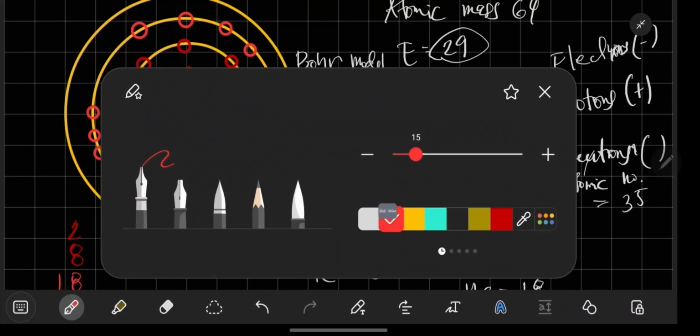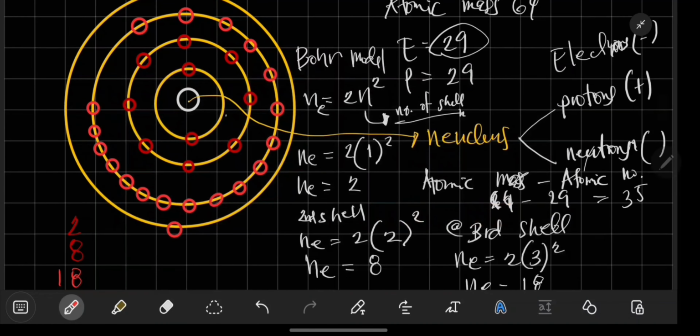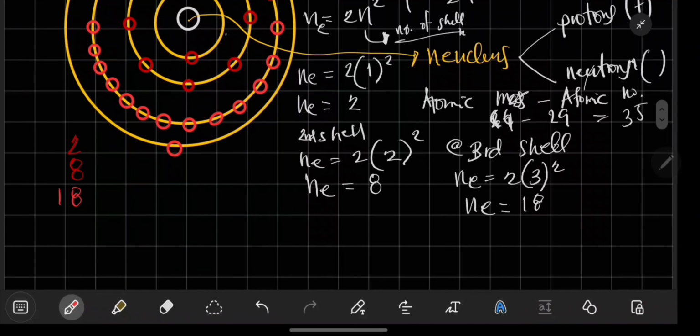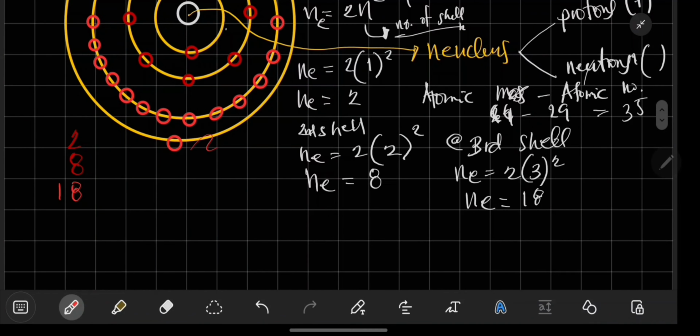And this one electron in the outer shell, we call this valence shell. Okay?